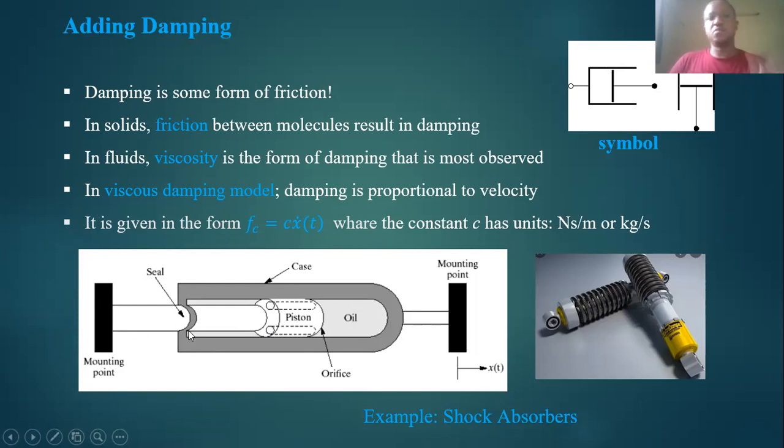So the piston is pushing against the viscous fluid, and on the piston there is an orifice which allows the flow of fluid from inside. So this is an example of a shock absorber. These are also shock absorber systems in vehicles, like motor vehicles and others.